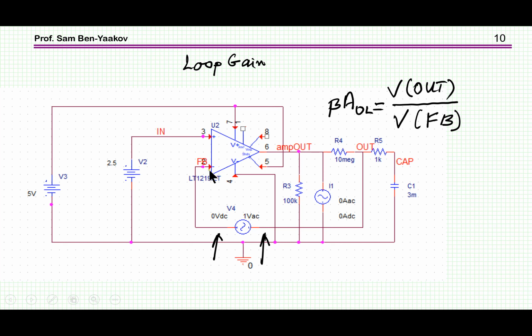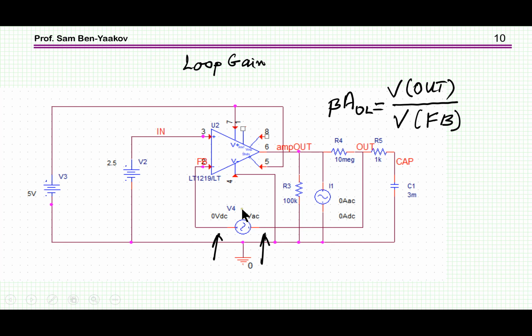We have the amplifier stabilized to 0.5 volts. We have the beta here. And here I'm preparing a current source to measure the impedance. But before that, I have here a voltage source, an AC voltage source, in order to look at the beta A open loop, the loop gain transfer function.